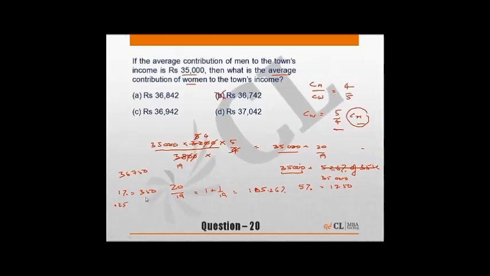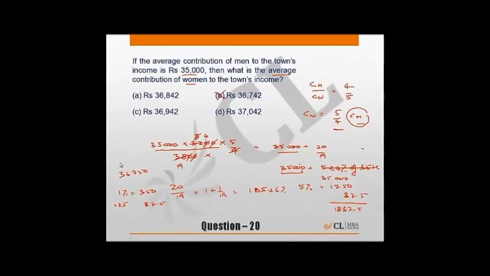Half of 350 is 175. Half of that is 87.5. So another 87.5. So 1750 plus 87.5 makes it 1837.5.